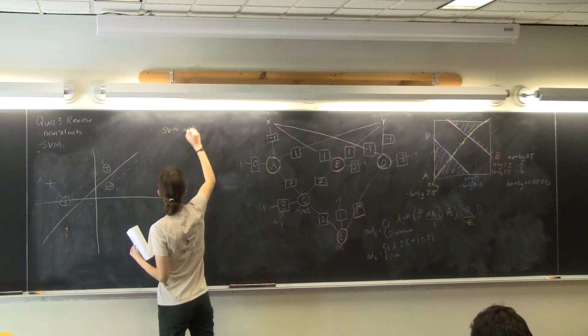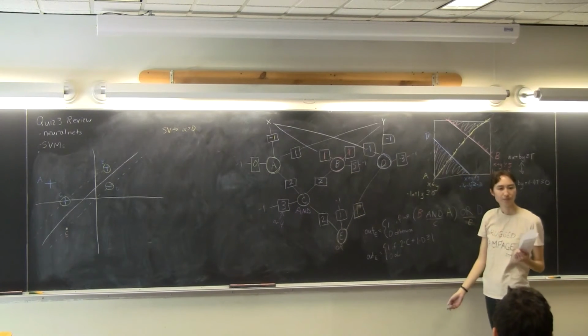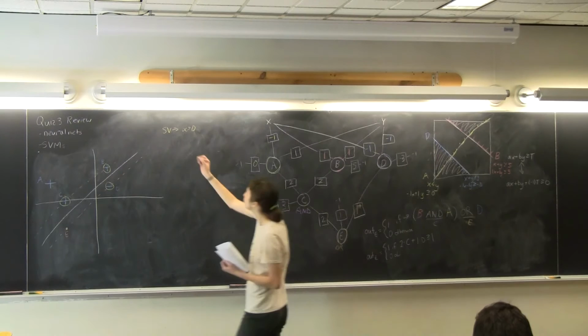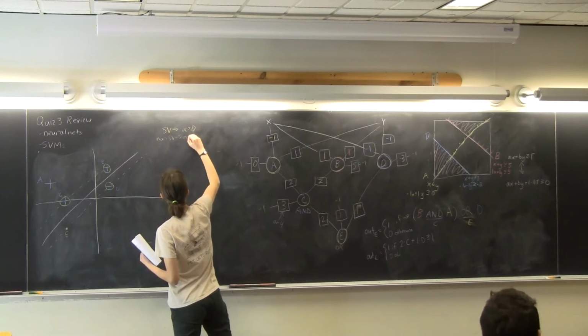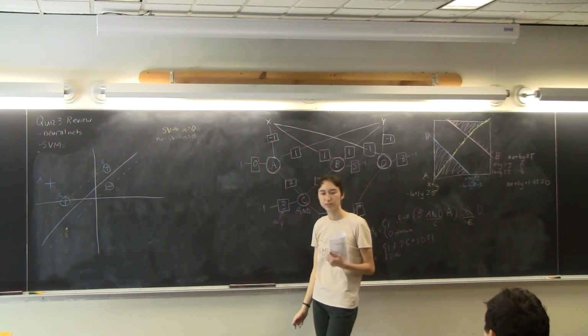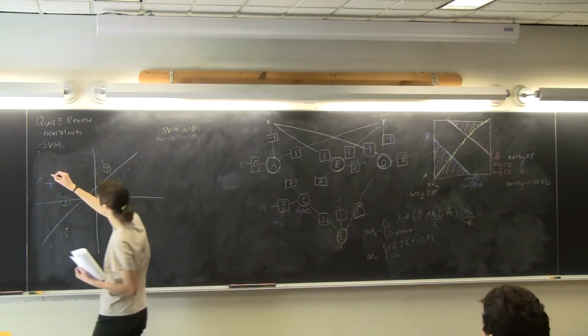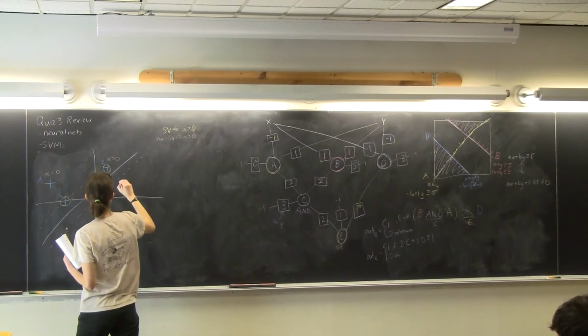What if it's not a support vector? 0. So what's the alpha value for point A? 0, because it's not a support vector. And then these guys will all be positive.